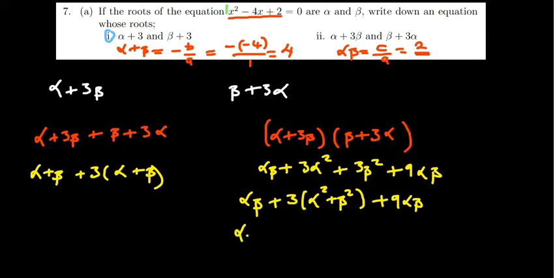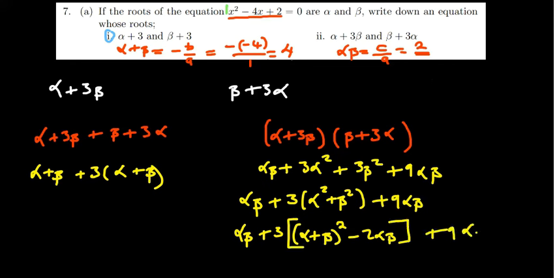That's the same as alpha plus beta squared minus 2 alpha beta. All that is being multiplied by the 3 outside, don't forget, plus 9 alpha beta.